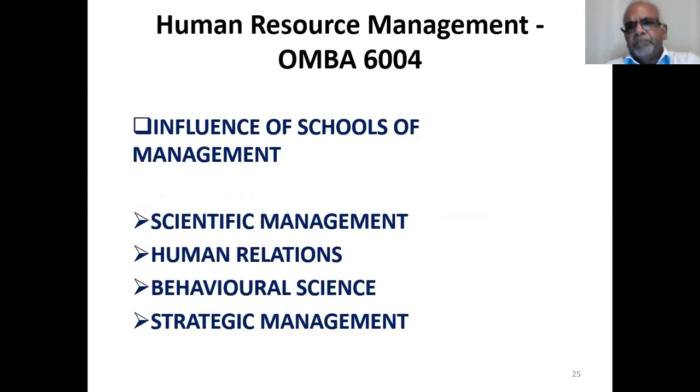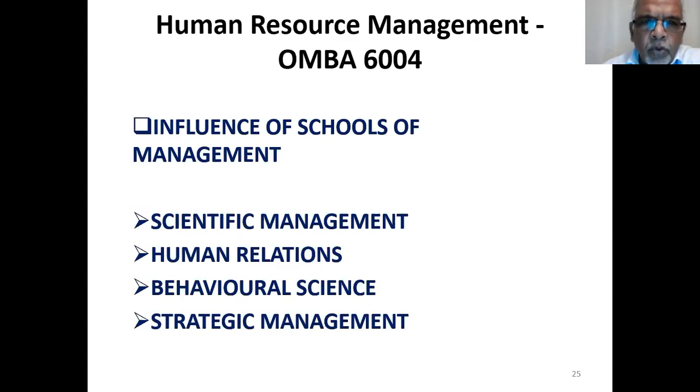The other important development that we have to consider relates to the schools of management. These were research findings and insights which provided new perspectives in the management of people in work organizations.